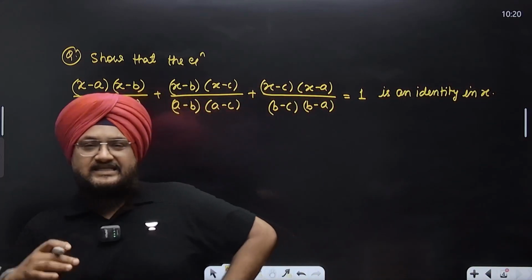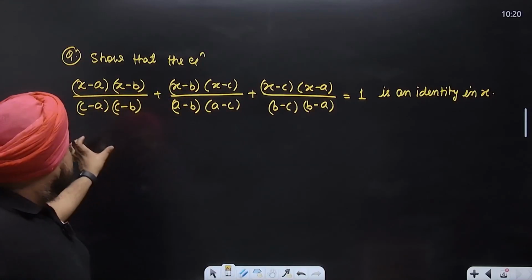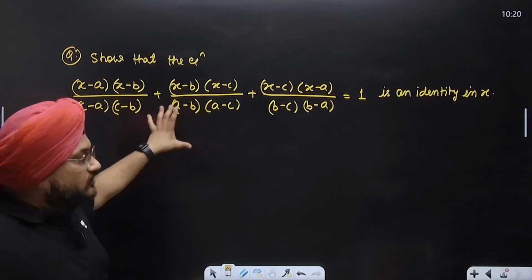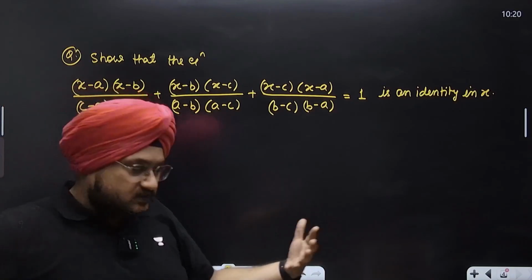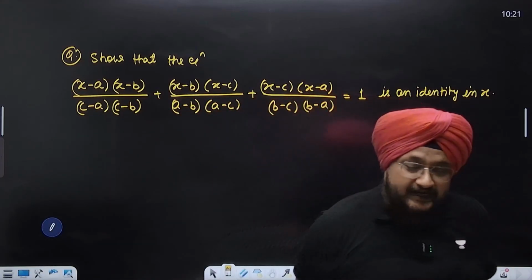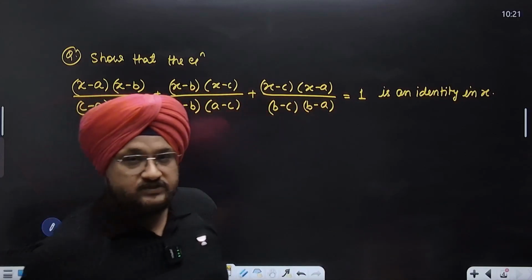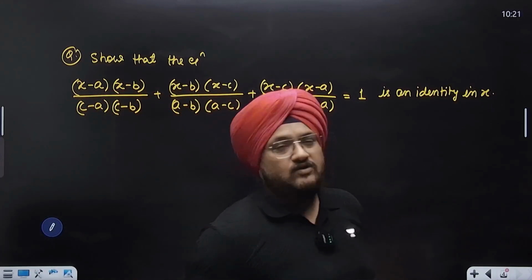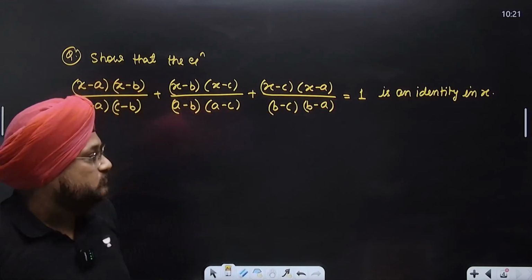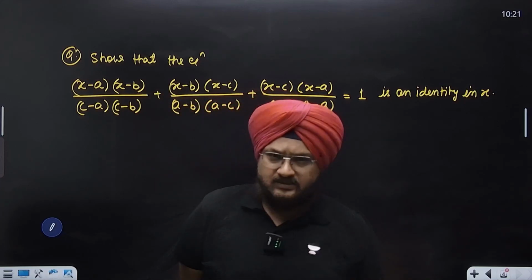As we can clearly see that this is a quadratic equation. If we take LCM, the equation will be in the form of ax square plus bx plus c. So if we want to prove that it is an identity, then the coefficient of x square must be 0, coefficient of x must be 0 and constant term must be 0. This is one of the ways to solve this problem, which will become quite lengthy.